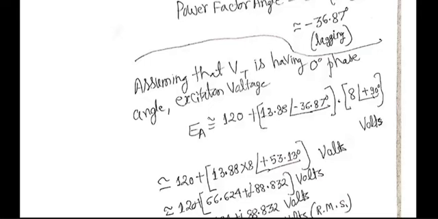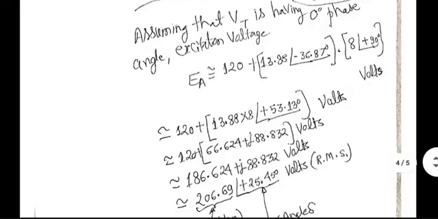Then the calculations. I hope I have not made any mistakes in these calculations. Because two values are being multiplied, I've converted both of them to polar form. Actually, IA is known in polar form anyway. XS in polar form is 8 with an angle of plus 90 degrees.